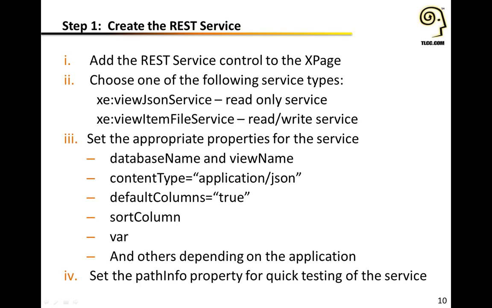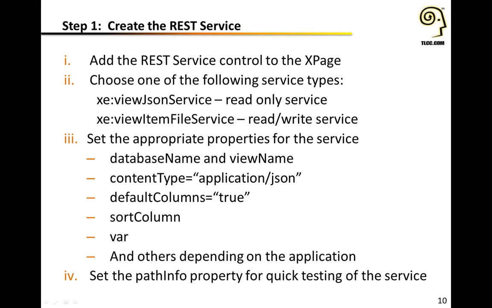So a Dojo Data Grid requires its data source in the format of JSON, and that's why you can't bind a data grid directly to a Domino view data source, and you use the REST service instead to provide that binding. You'd set the default columns to true to make all of the columns within that view available to your data grid.